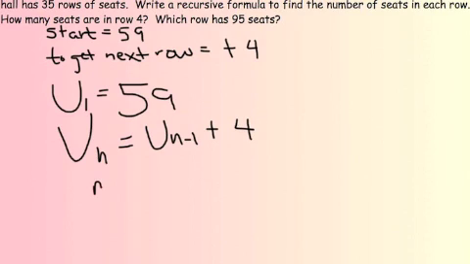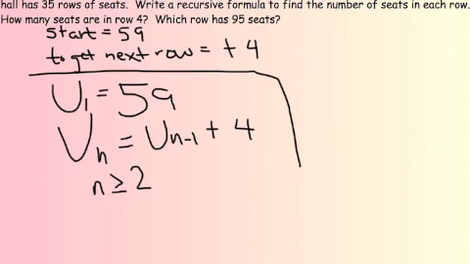And my term numbers, since we already have the first term, we can use this recursive formula to find the second term, the third term, any terms that are beyond 1. So this is now the complete recursive formula for this example.